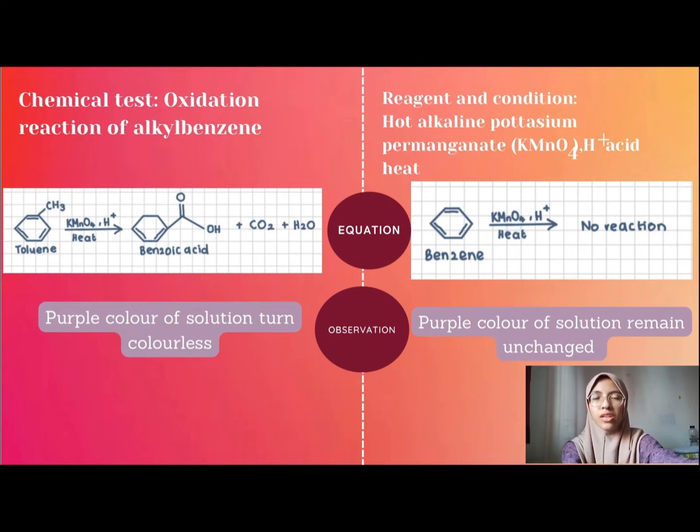When toluene undergoes oxidation, it will produce benzoic acid, CO2, and H2O. The observation is the purple color of the solution turns colorless. While when benzene undergoes oxidation reaction, no reaction occurs. So the observation is the purple color remains unchanged.